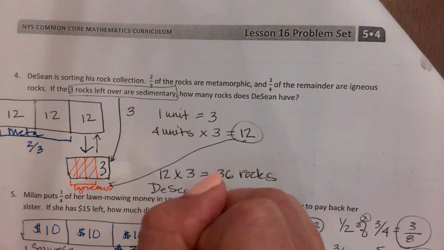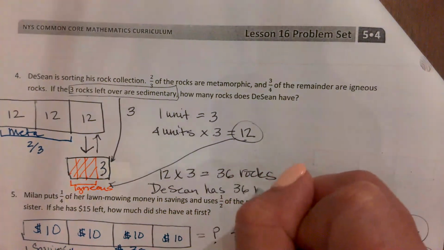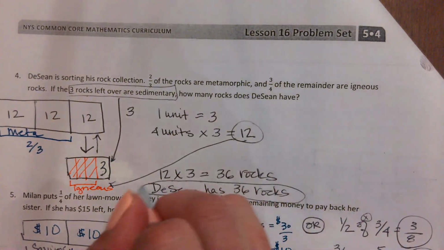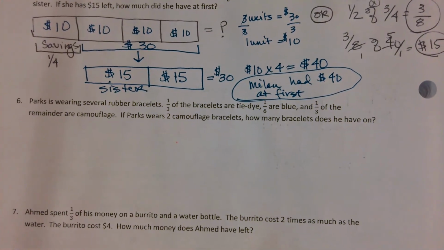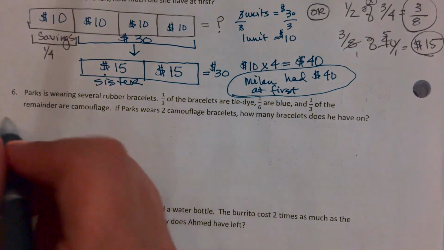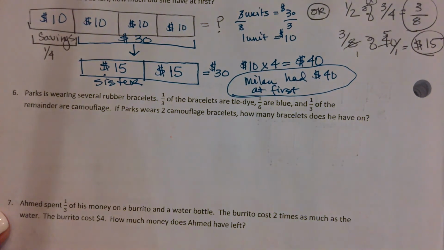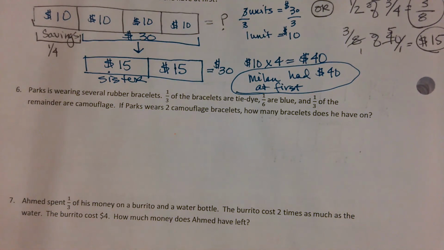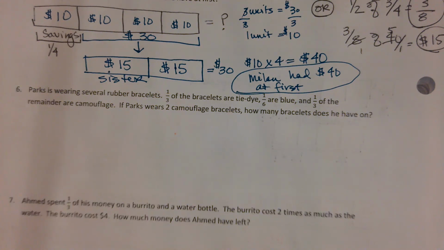Deshaun has 36 rocks. Okay. One. So 3/4 of 3 3/4 of 3. 3/4 of 1/3. 3/12.